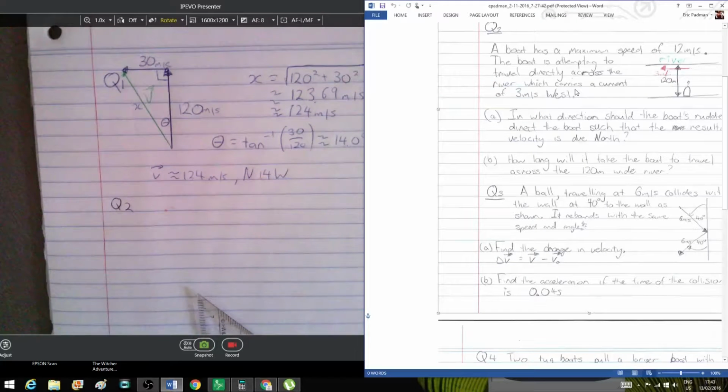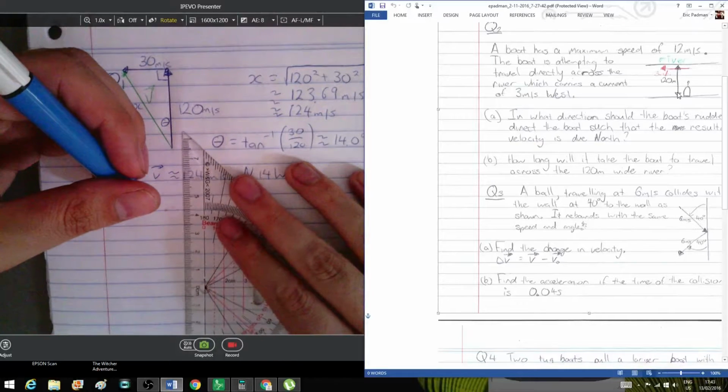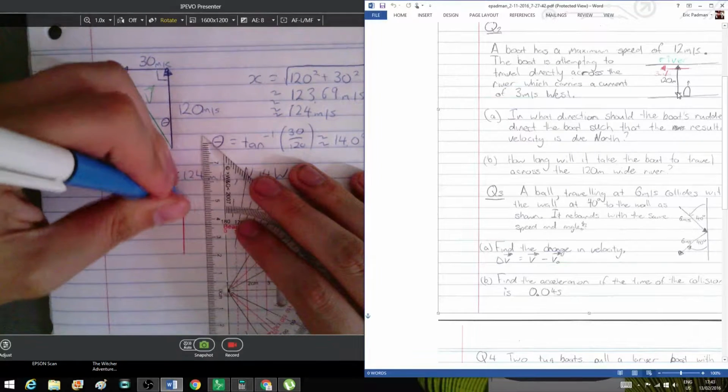Now, the boat is trying to travel basically north, as I've drawn the diagram over here. So that's what the resultant vector would be. The vector sum of 2 other vectors needs to be directed north. So that's my resultant.